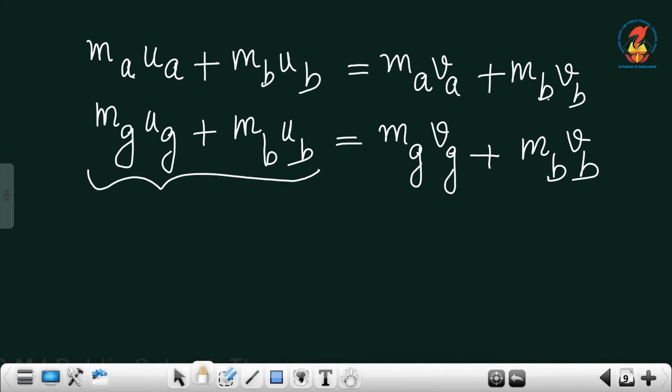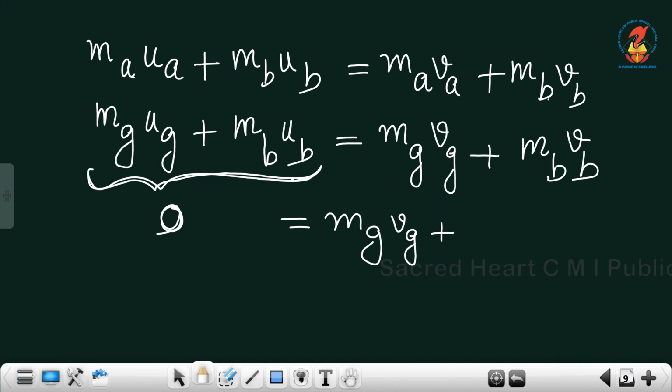Already we have found that the total momentum before firing is 0. So 0 is equal to MGVG plus MBVB.